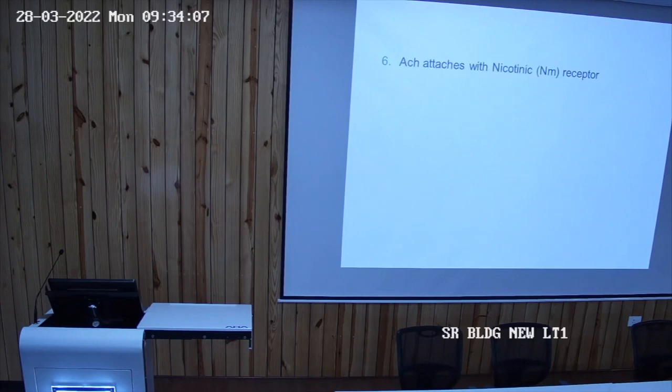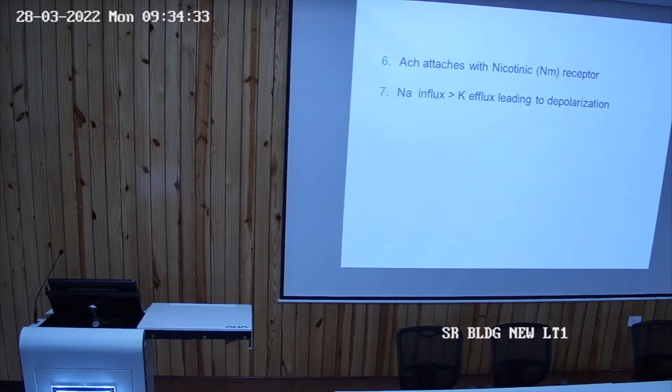Then, as the acetylcholine comes into the synaptic cleft area, through the diffusion process it will reach the postsynaptic membrane area, and acetylcholine will attach to the nicotinic cholinergic receptors, especially the A type, and we have discussed sodium influx.